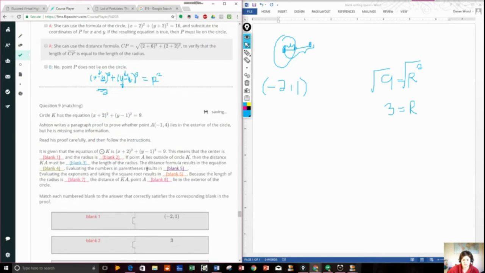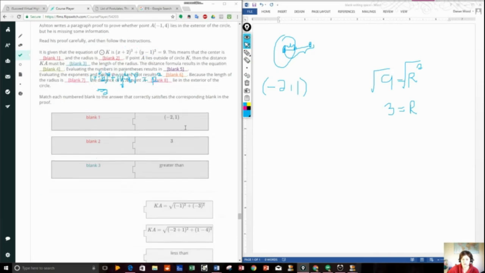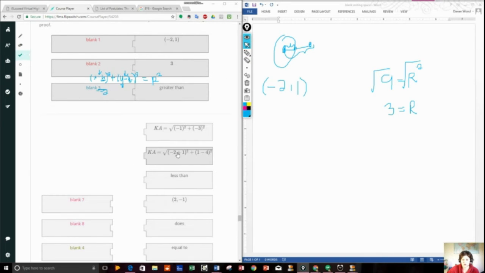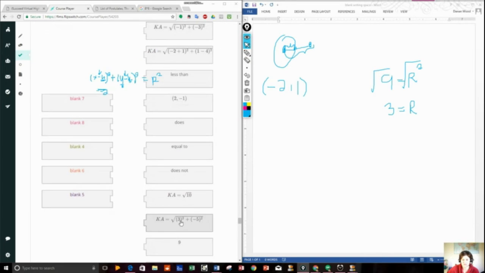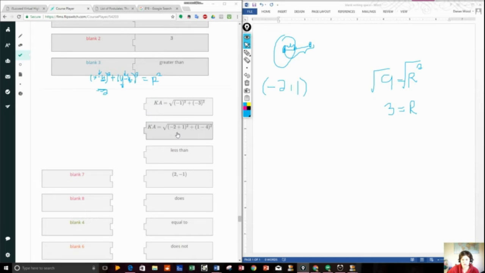All right. The distance formula results in the equation. Well, I'm going to peer down here to see what coordinates they use first. And they use our center point first. So we have the distance between our center and the point is going to equal the square root of our horizontal distance.